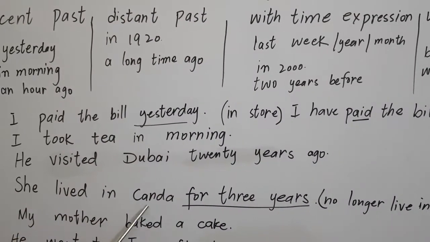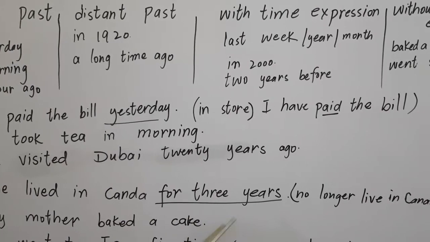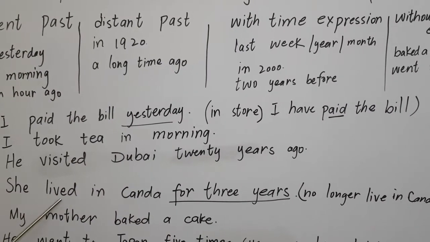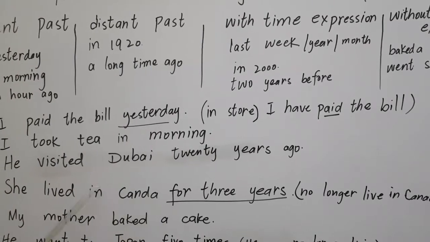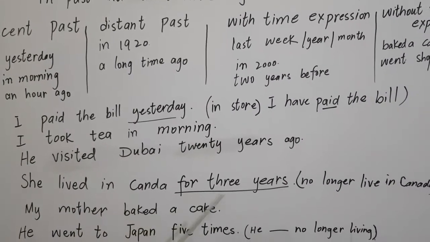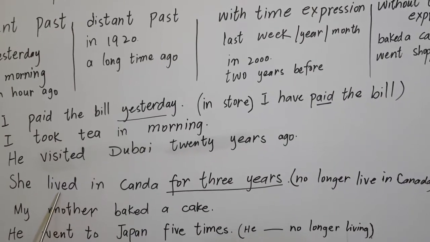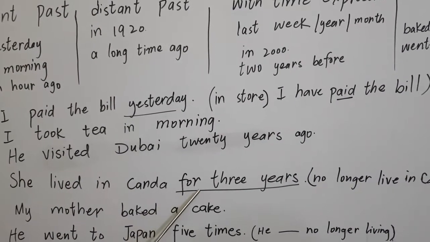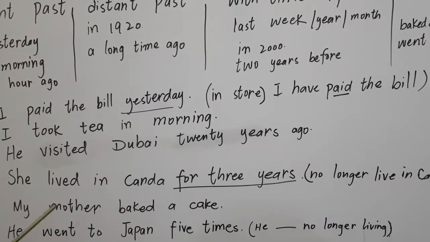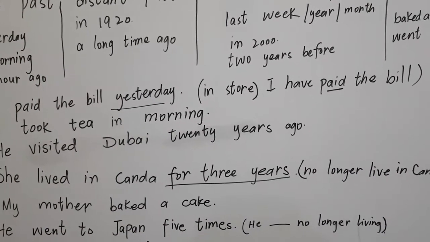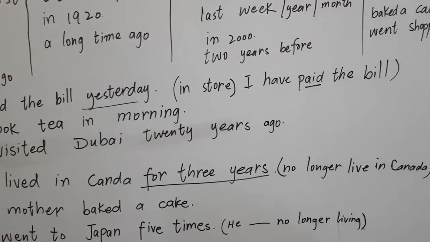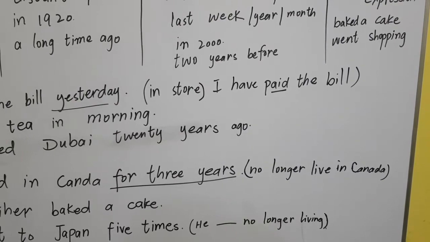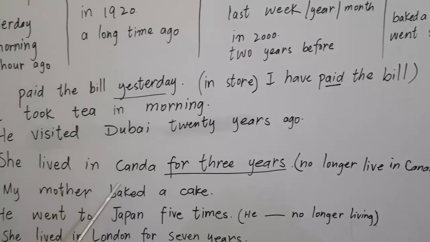She lived in Canada for 3 years. Here the focus is that she lived for 3 years and now she is no longer living in Canada. She lived in Canada for 3 years. Okay, so there is also a time expression, and if she is right now living in Canada, still living in Canada, we will use she has lived in Canada for 3 years.